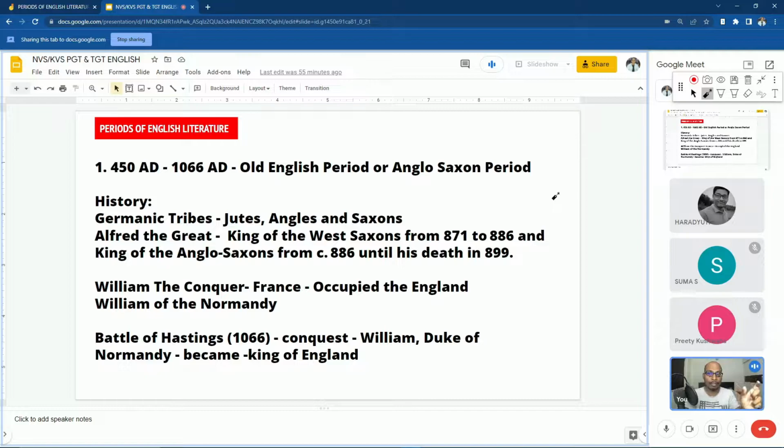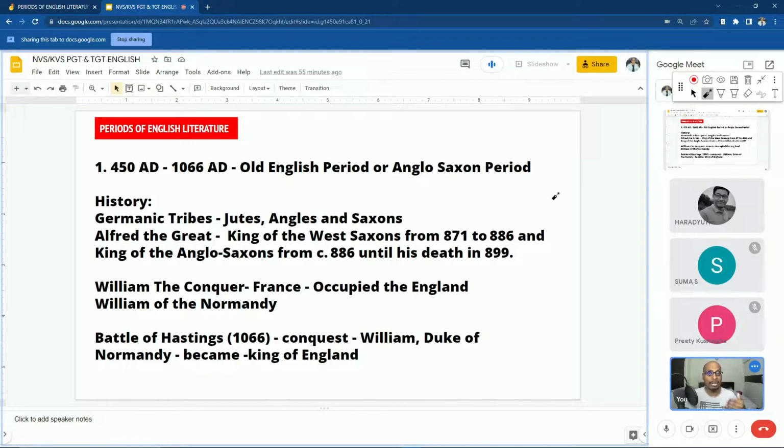Now, there is one more thing we have to add in our preparation. One, the age. That means like 450 AD to 1066 AD. That we have to remember. Then we have to remember the name of the period, and then the important writers in that period, important works in that period, as well as who is the ruler during that period. And if there are more than one ruler, then we have to remember who were the rulers in that period.